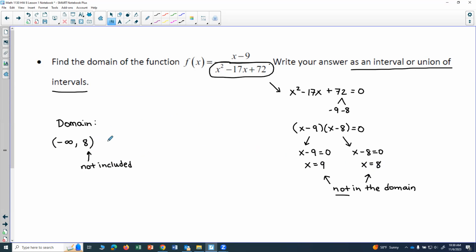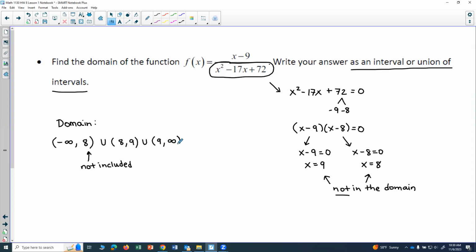And then it says a union of intervals. So I'm going to go ahead and do the union symbol. I don't want to forget the interval between these two values, 8 to 9. And then I don't want to forget the 9 to infinity part.